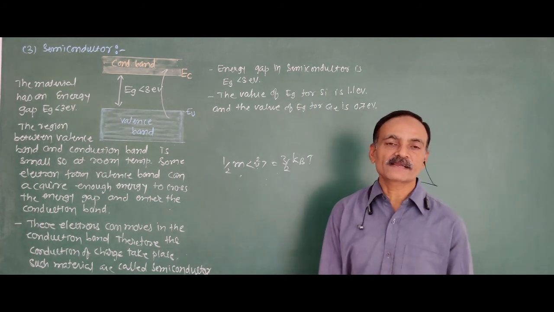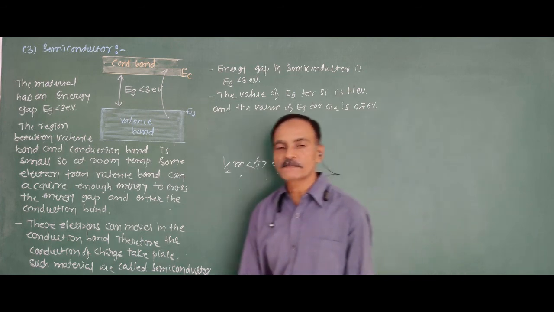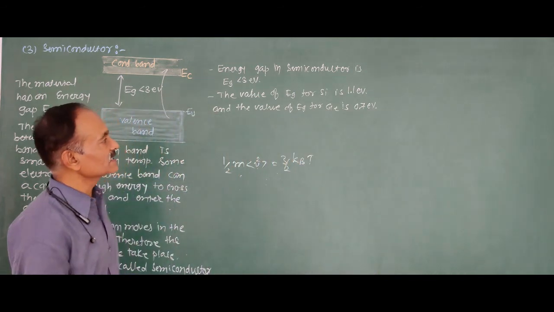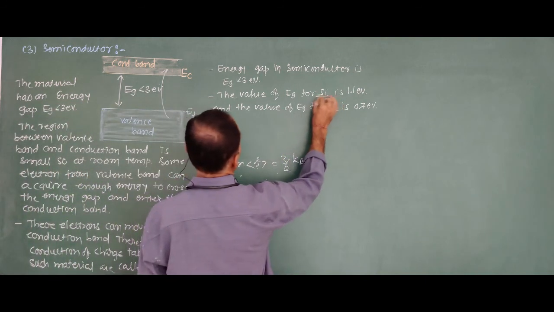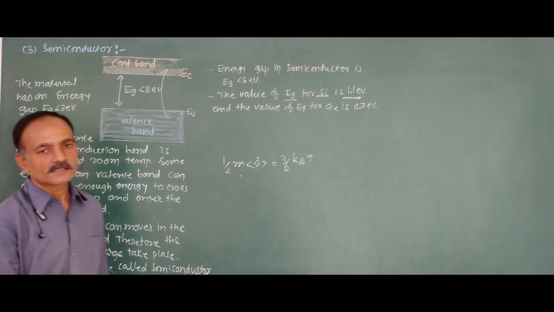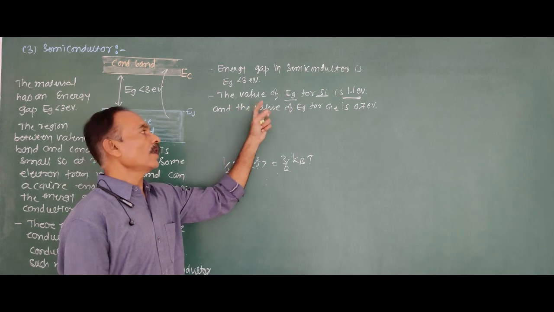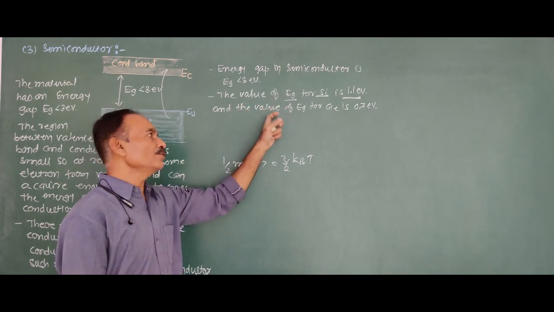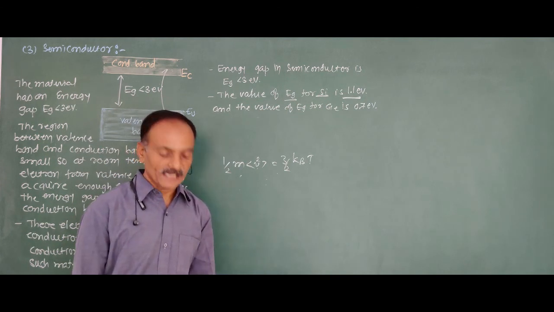The energy gap in a semiconductor is less than 3 electron volts. Here the semiconductors are prepared from two types of materials, silicon and germanium. For silicon, the value of band gap energy is 1.1 electron volts. And for the germanium semiconductor, the value of energy band gap is 0.7 electron volts.